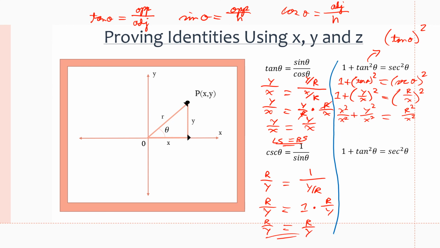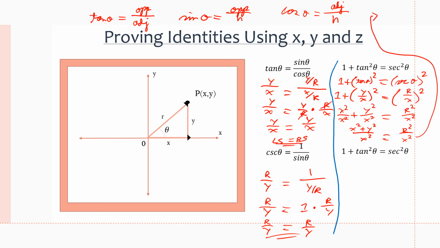Because remember, a number on the top divided by the same number at the bottom will always give us 1. And we do this so we can have a common denominator of x squared, and we can add the numerators, which will give us x squared plus y squared over x squared equals r squared over x squared, right?